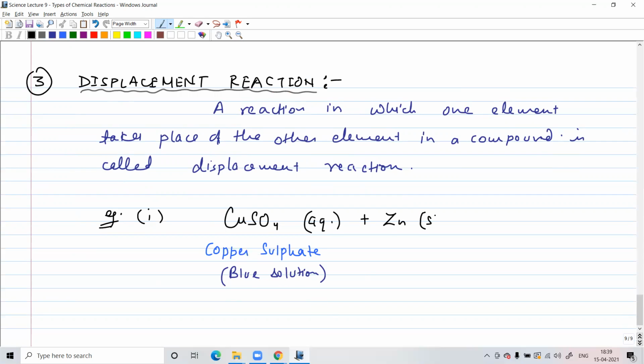zinc, which is another metal, right? Copper is one of the metals. Zinc is another metal. So if this reaction takes place, then what happens? Look at the reaction and tell me what do you think happened here?